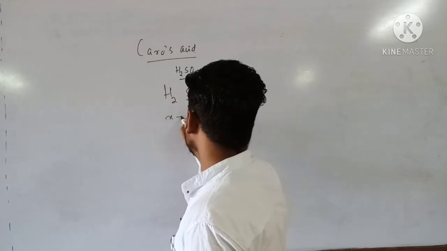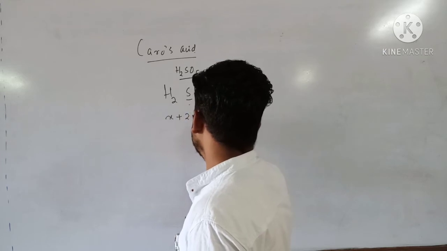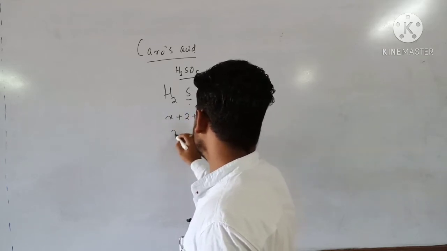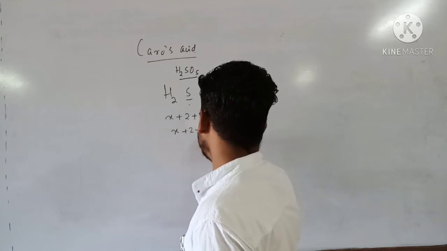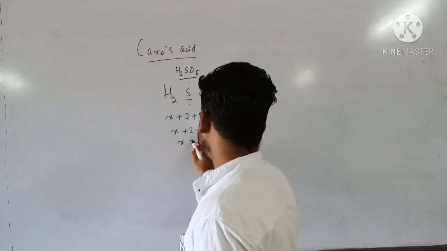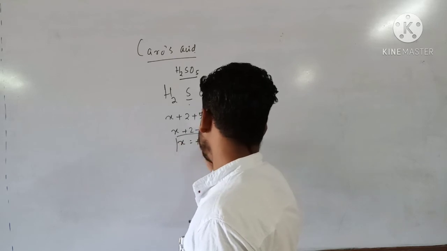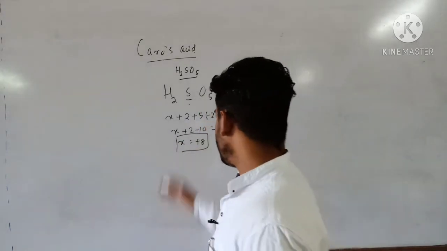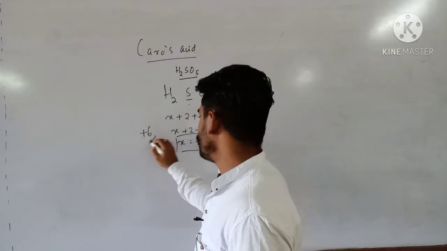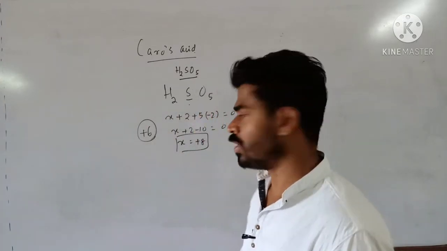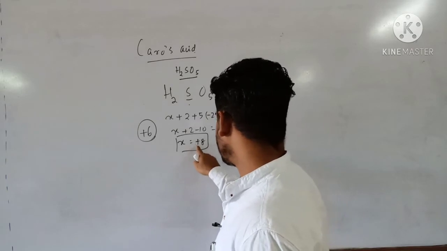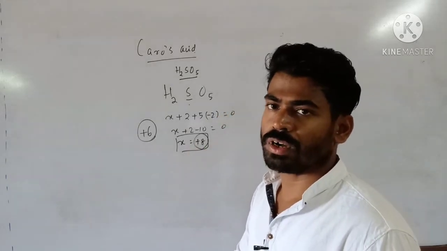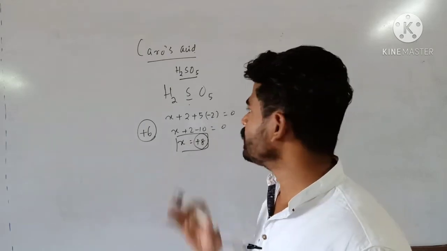Let it be x: for 2 hydrogen atoms 2 plus 5 into -2 equals 0. So x plus 2 minus 10 equals 0. So x becomes +8, which is not possible for sulfur. It can exhibit a maximum oxidation number equal to its group number, +6. Here in general calculation we are getting +8. It is not possible. So in this case what happens? We have to consider its structure.